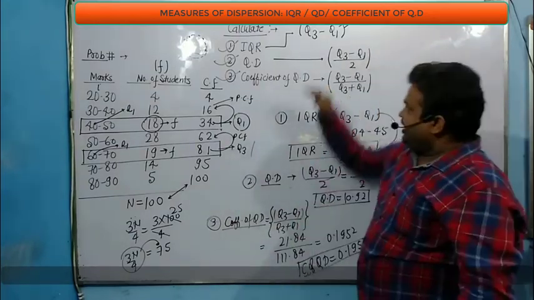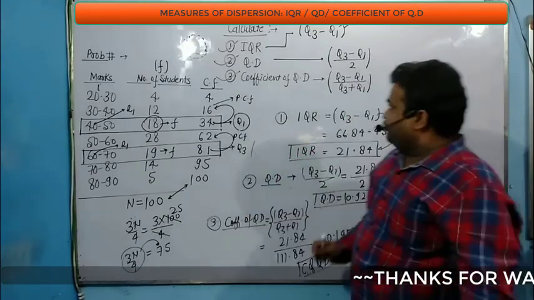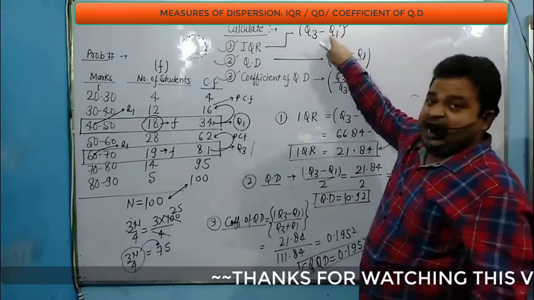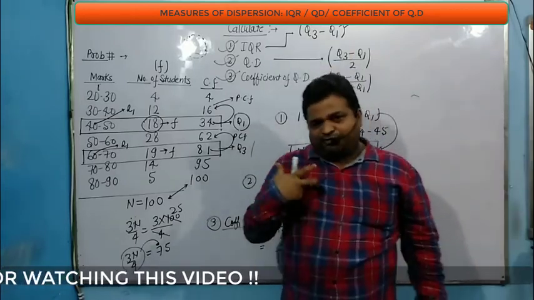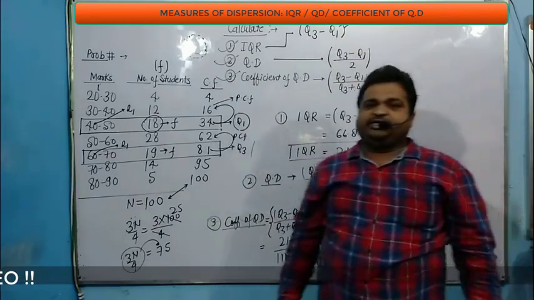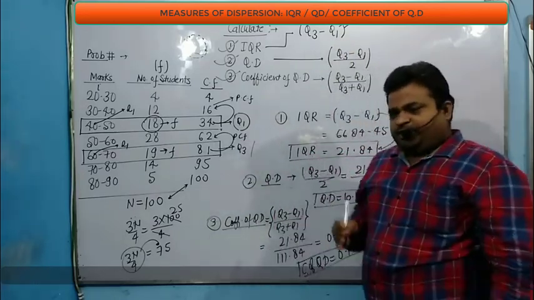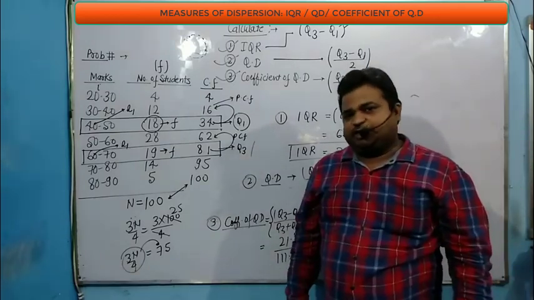Second, in each parameter you require the first quartile value and third quartile value. So one should know the formula of Q3 and Q1 also. Once you know the formula of each parameter, then it is easy to calculate. Maybe the calculation becomes lengthy, but once you practice more, it will become easy for all of you.